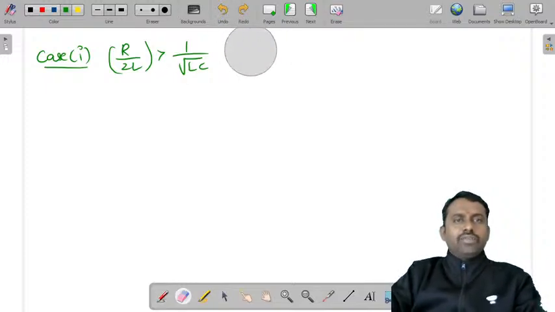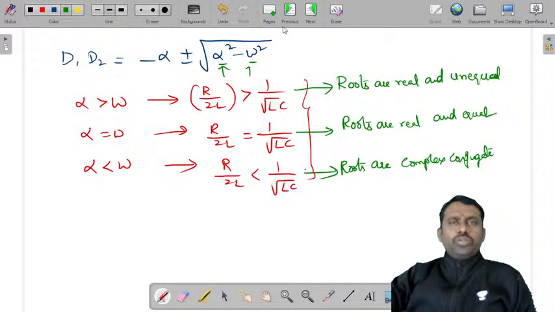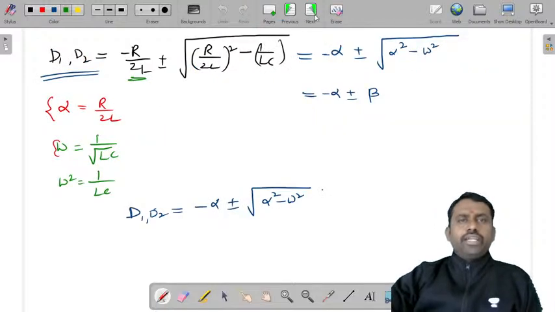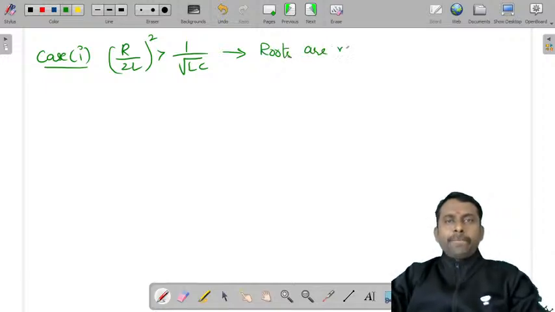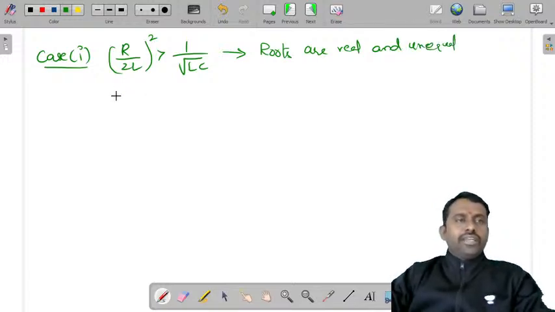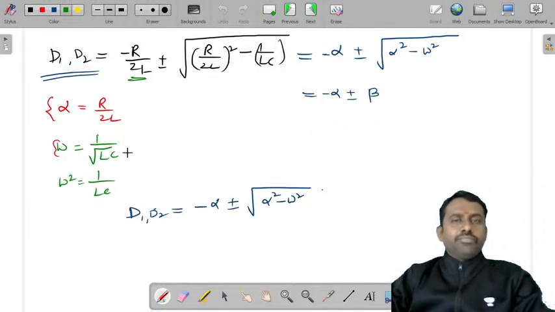Then the roots are real and unequal. So let us call those roots: if this is positive, you have beta.